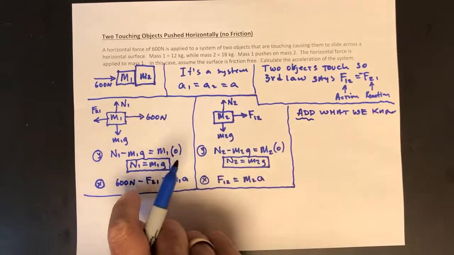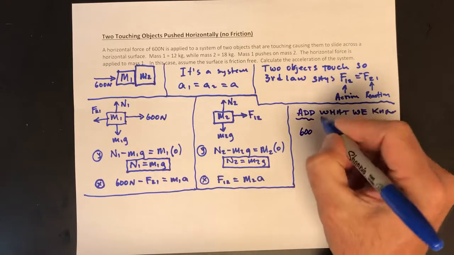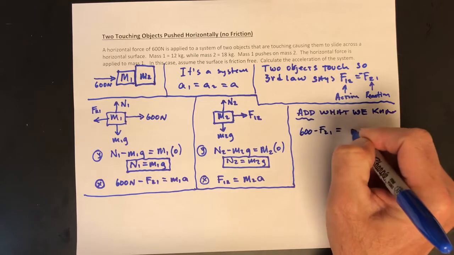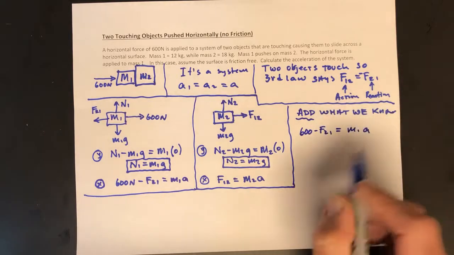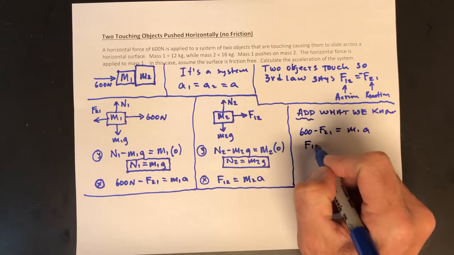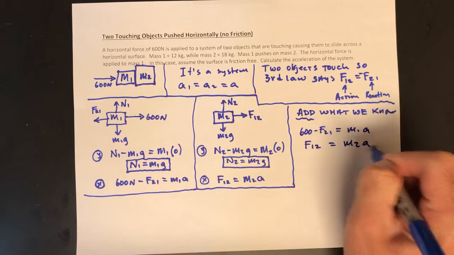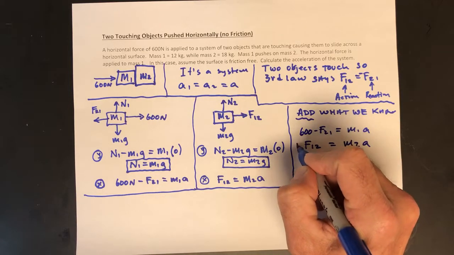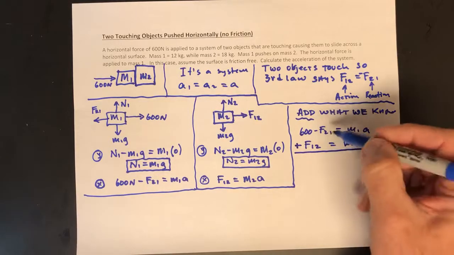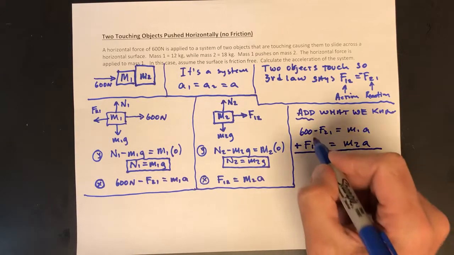We're going to take the first equation in the x direction, 600 minus F21 is equal to M1A. That's the first equation. And the second equation is F12 is equal to M2A. And we are going to add them. So everything we know about object 1 and everything we know about object 2, we're going to add together.